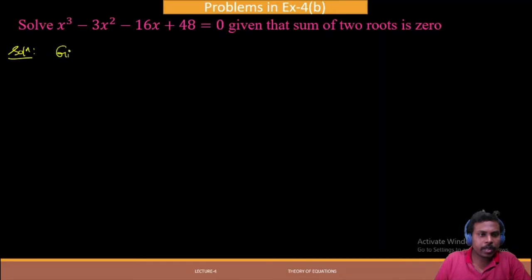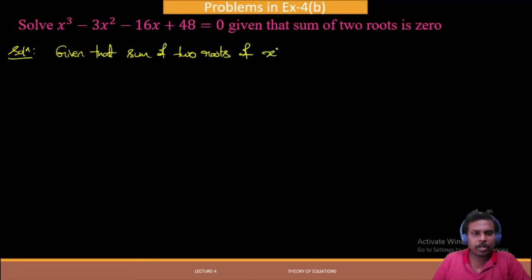It is given that the sum of two roots of the given equation x cube minus 3x square minus 16x plus 48 is equal to 0 is 0.